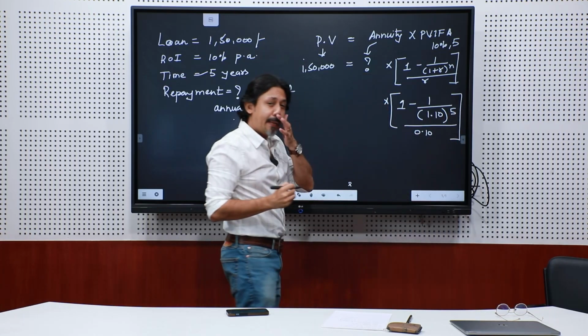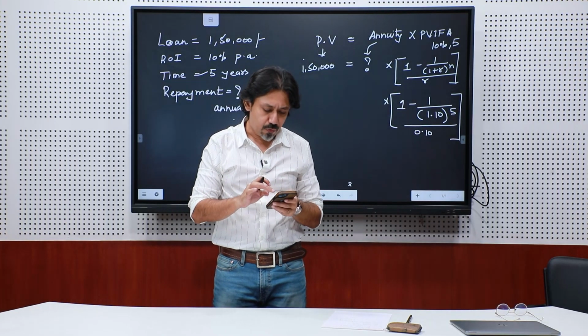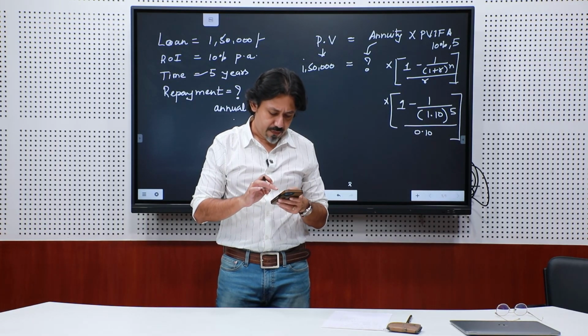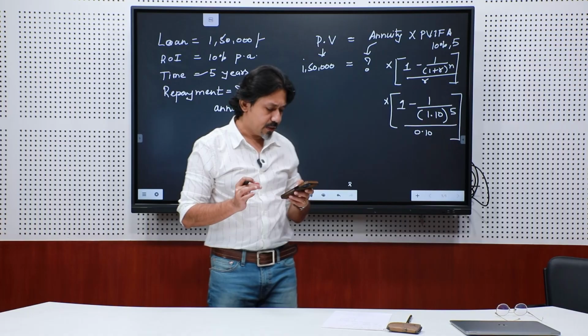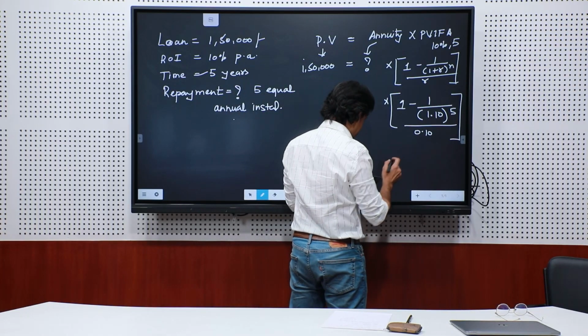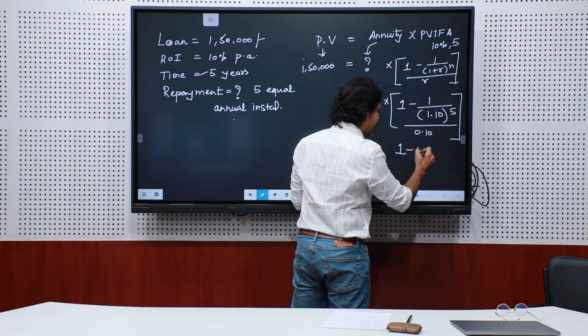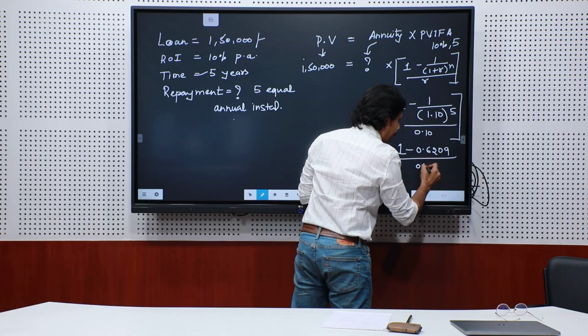Let me use a simple calculator to calculate 1 upon 1.10 raised to 5. 1 divided by 1.10 raised to 5 is 0.6209. So, that is 1 minus 0.6209, divided by 0.10.